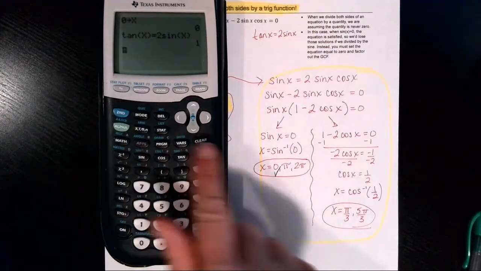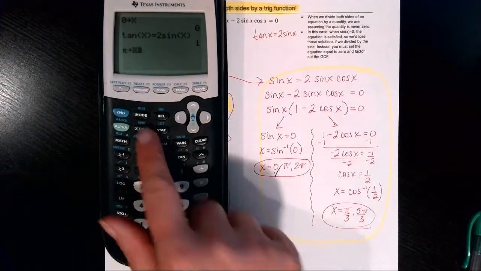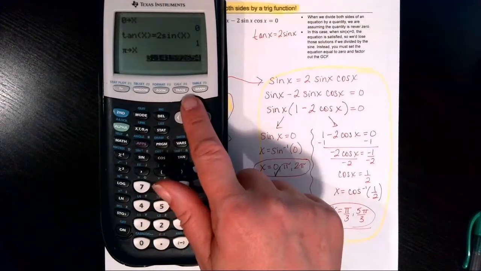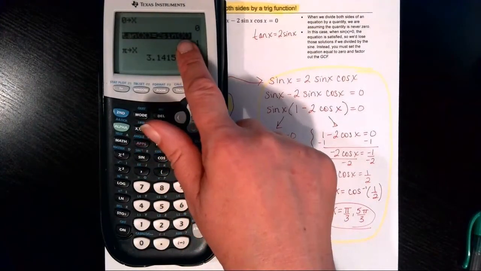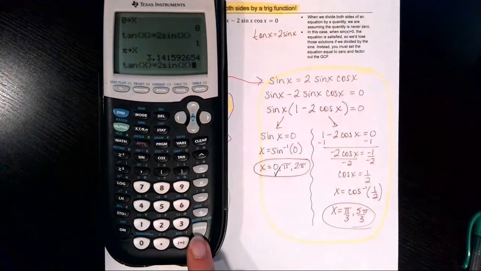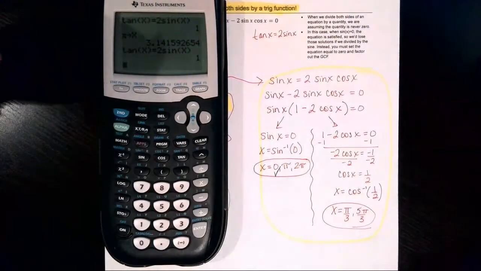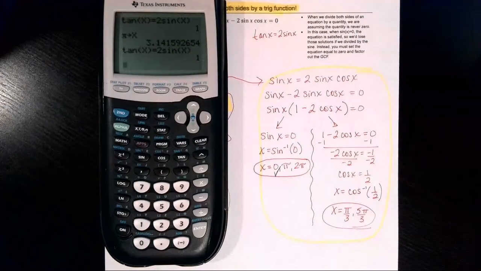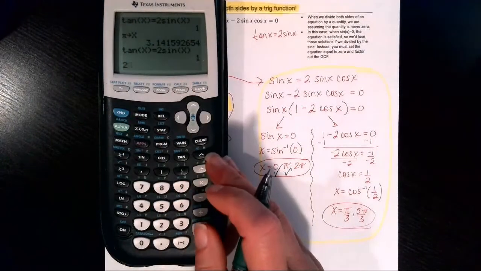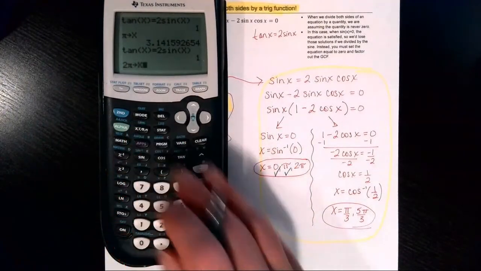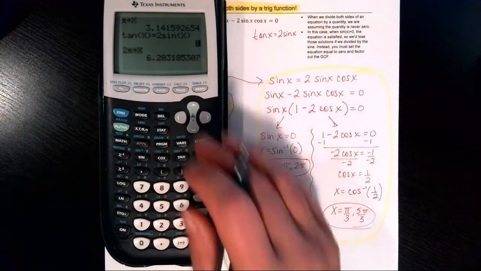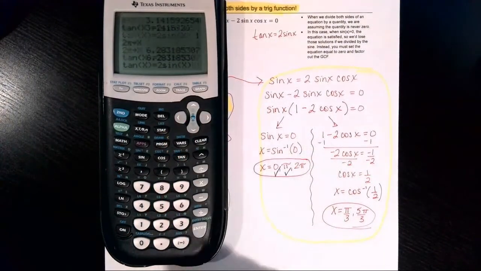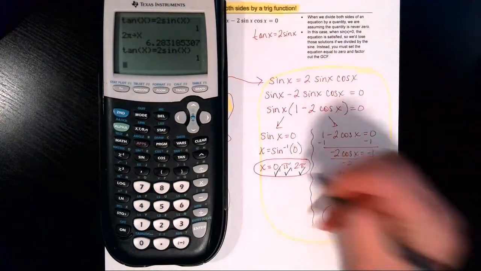So next we're going to check pi. So we store pi as x, and instead of retyping that whole equation, we just arrow up to it and press enter, and the calculator retypes it for us. Enter again, and we see that pi also checks as a solution. Then we'll try 2 pi and store that as x. Grab that equation again, and 2 pi also works.